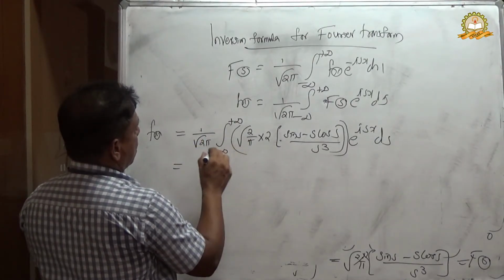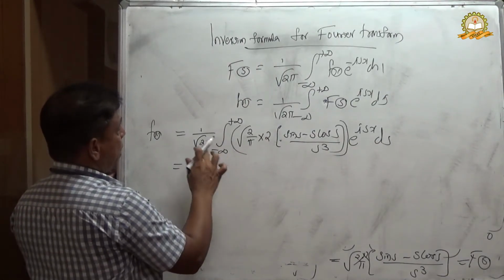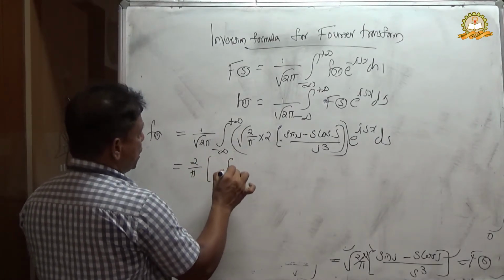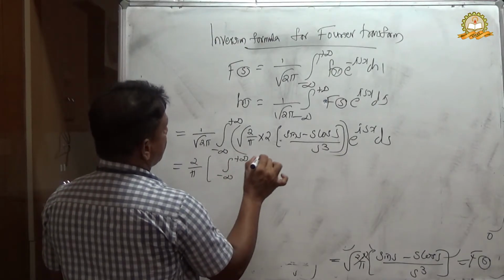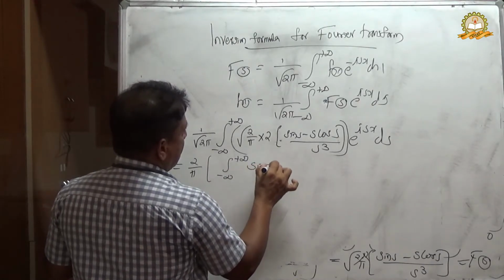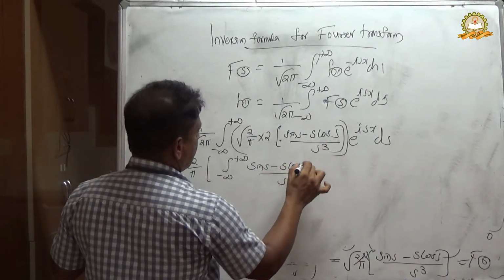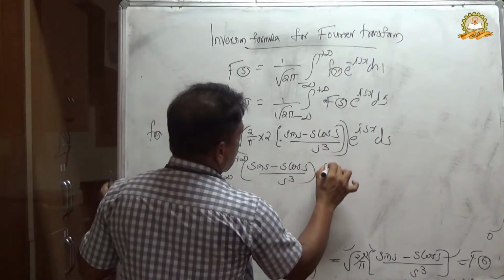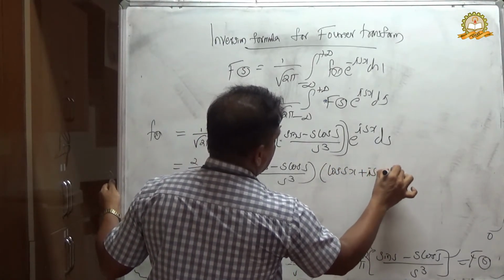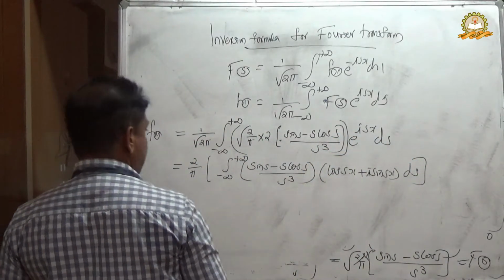Therefore, 2 by pi, root pi into root pi will be pi, 2 by pi integral minus infinity to plus infinity, sin s minus s cos s by s cube, into cos sx plus i sin sx ds. We apply Euler's formula.